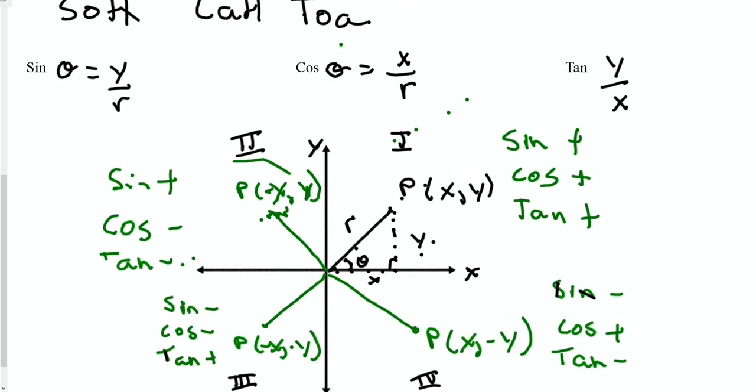So to remember that, there's a little acronym that you can use. So in quadrant 1, all are positive. In quadrant 2, sine is positive. In quadrant 3, tangent's positive. And in quadrant 4, cosine's positive. So another way to remember that is all students take cookies.